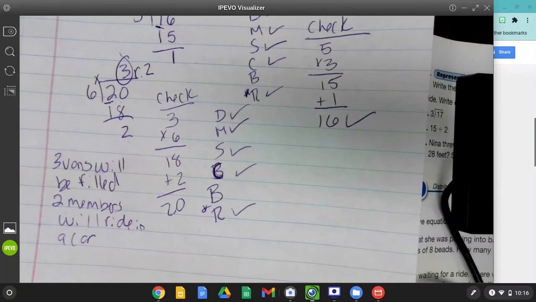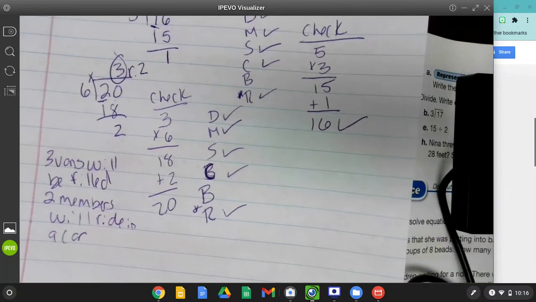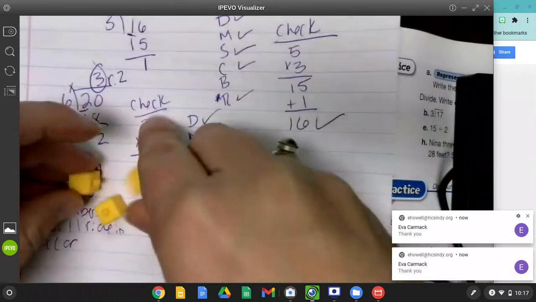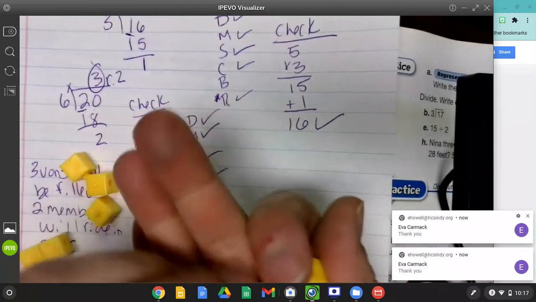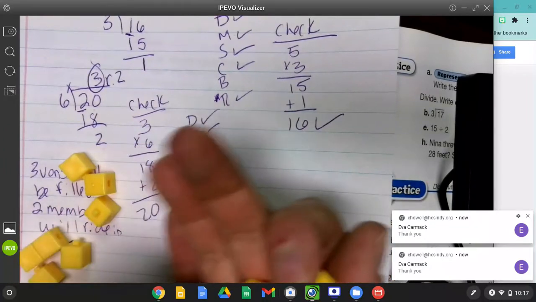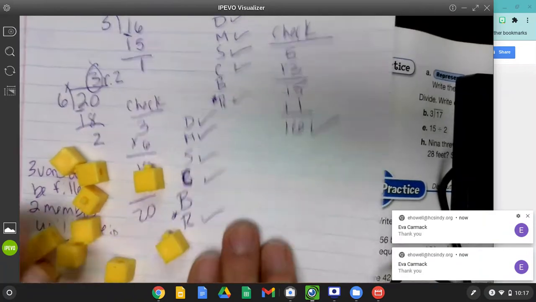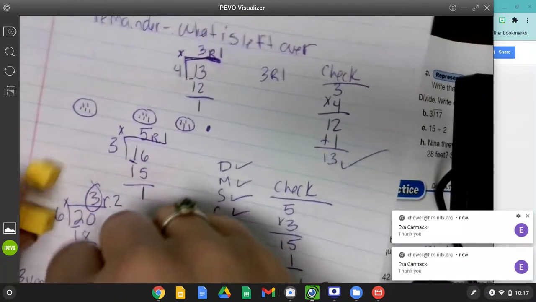So you can also use some materials to help you if you need help, and you're maybe just not quite sure. Let me make sure I have enough. All right, so I have 20 members, and it says that 6 can go in a van.